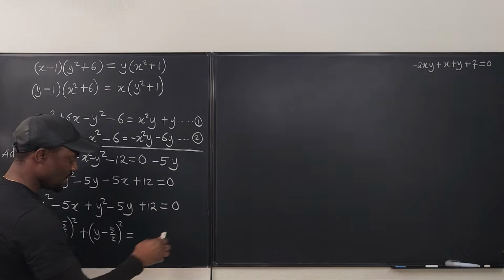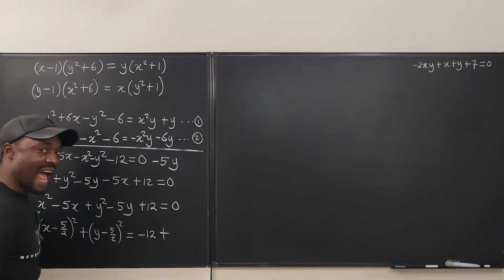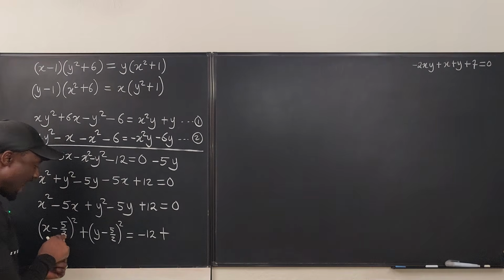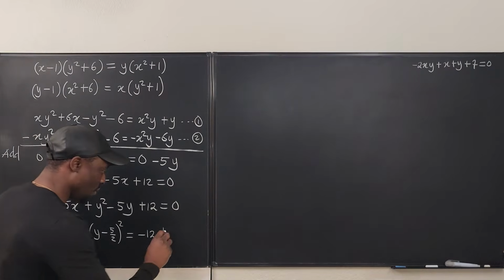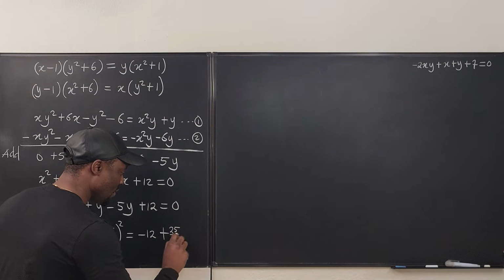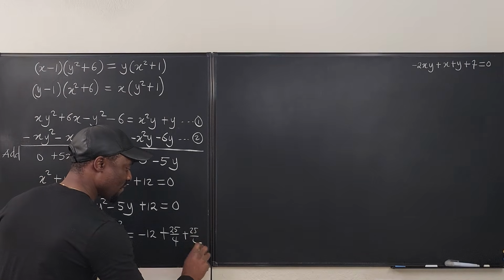Now, you move this over to the other side, it becomes minus 12. Then you're going to add something to it. What would you add from here? Well, it's the square of this term. What is the square of 5 over 2? It's 25 over 4 plus 25 over 4. You do the same thing for this, plus 25 over 4.